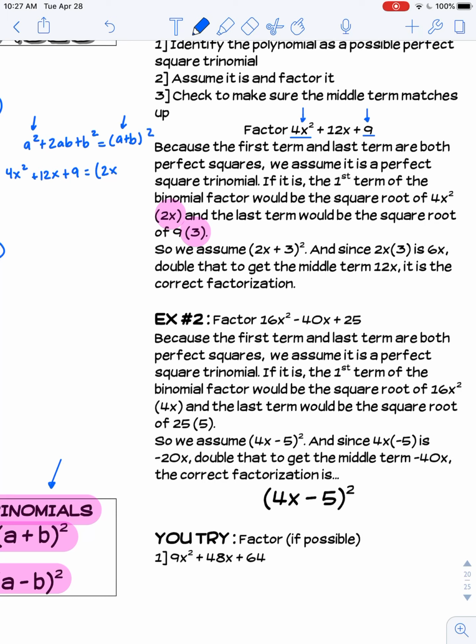And the square root of 9 is 3. So we assume 2x plus 3 squared. We assume that this is our answer. Now, we look in the middle.